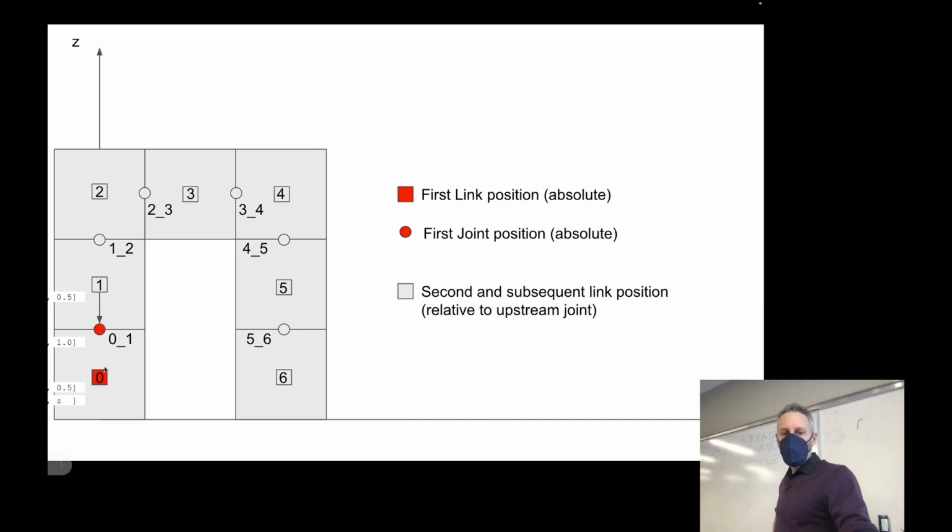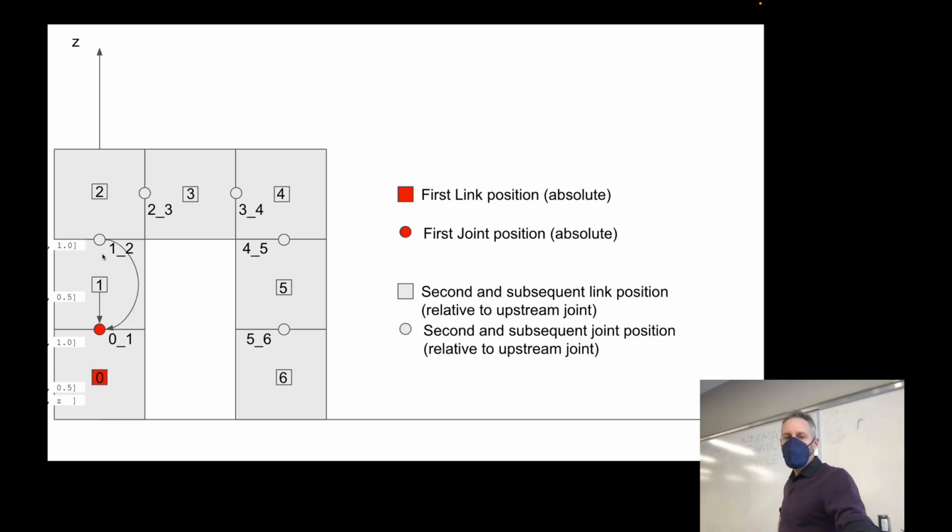Okay. So let's continue our cartoon example here. We've created link 0. We've created joint 0, 1. We've created link 1. And then joint 0, 1 is going to connect link 1 to link 0. We're then going to add a second joint, 1, 2, in preparation to connect a new link 2 to 1.